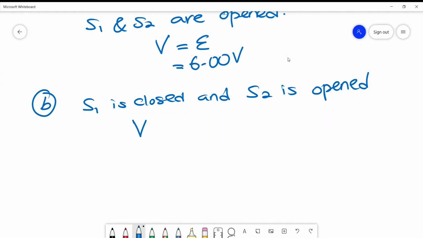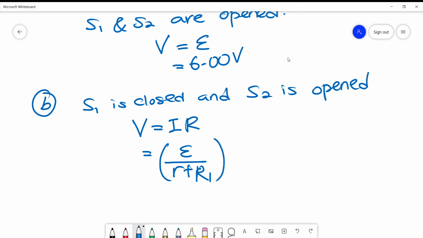So my terminal potential difference equals the voltage across the external resistor, V equals IR. My I is E divided by R plus r, times R1.